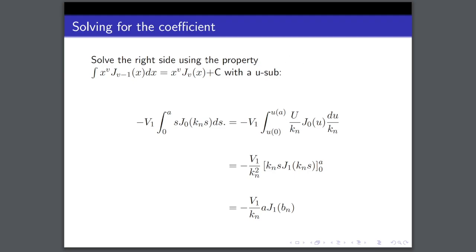You use a u substitution, as we described previously, where u is equal to k sub n s, and then you find that this integral here is actually equal to this over here, which you can eventually simplify out to negative v, 1 over k sub n, a j sub 1 b sub n.